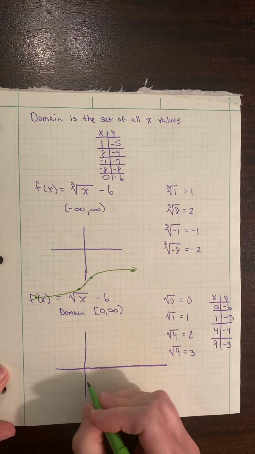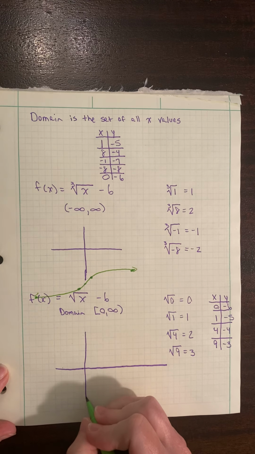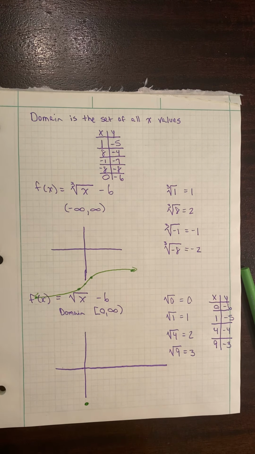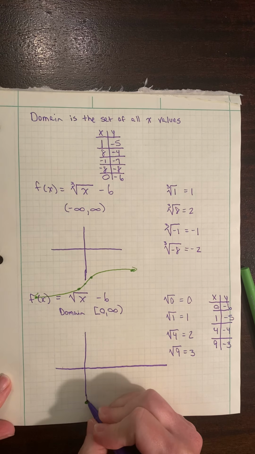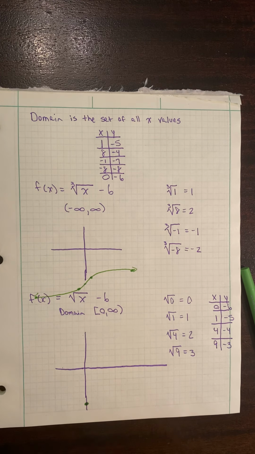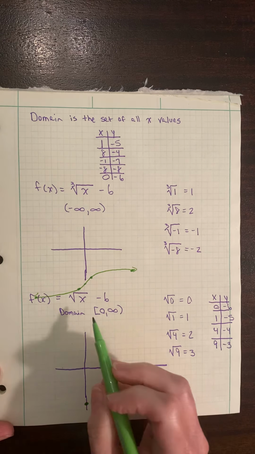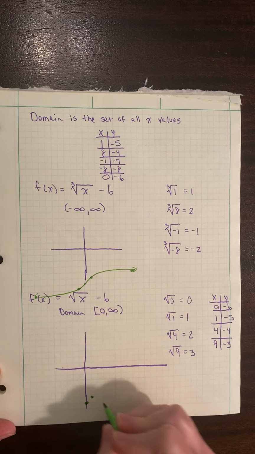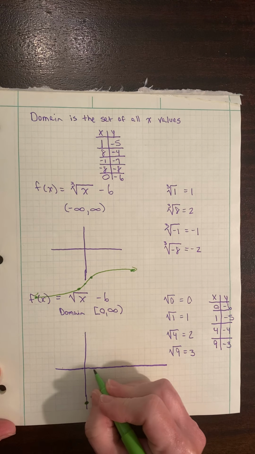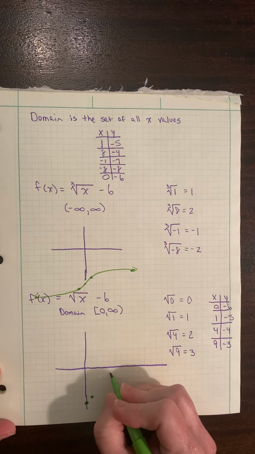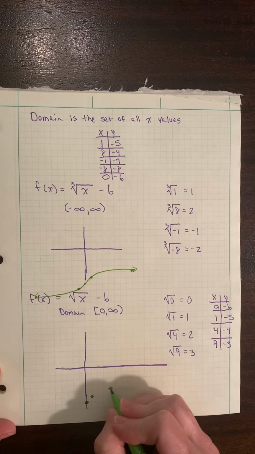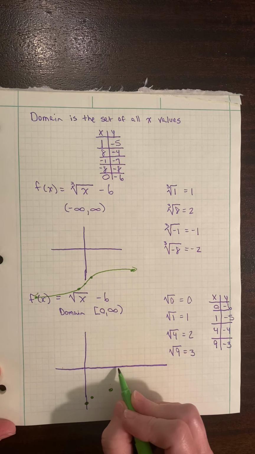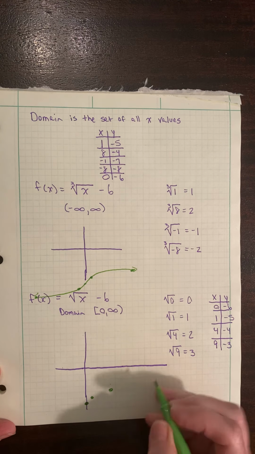Got 0, negative 6, 1, 2, 3, 4, 5, 6. So my graph needs to be a little bit longer here. And we're always going to get like a shooting star when we do these square roots. You'll see what I mean. 1, negative 5. 4, negative 4. 1, 2, 3, 4. 9, negative 3. 1, 2, 3, 4, 5, 6, 7, 8, 9.